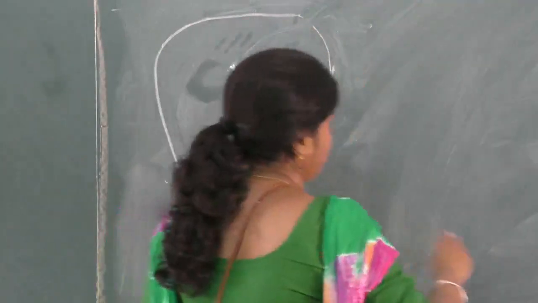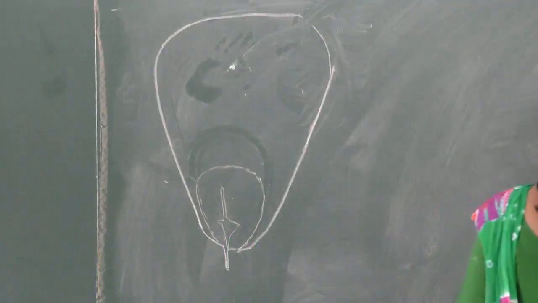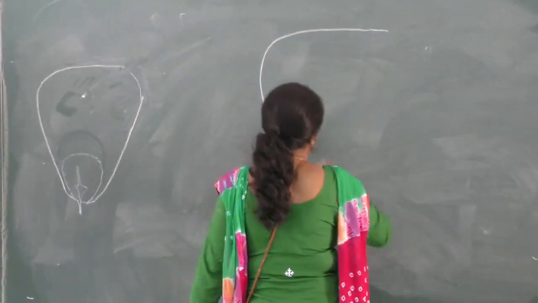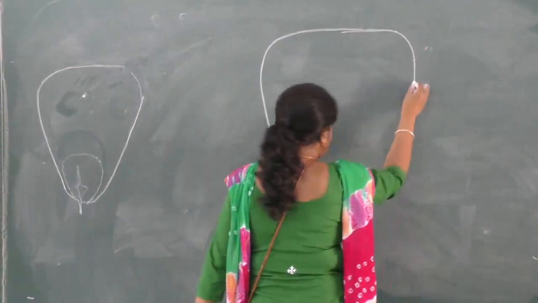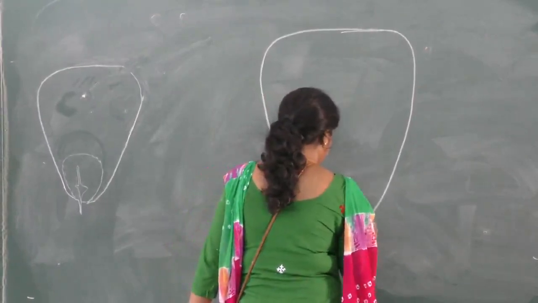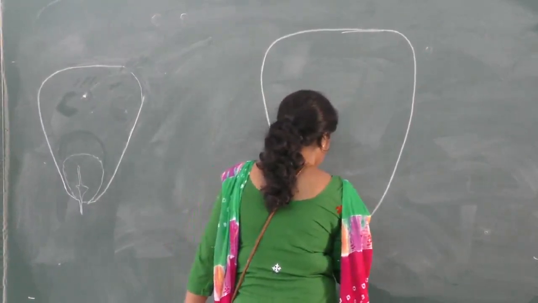So now we see the inner part of a maize seed. The major part of the maize seed is occupied by endosperm.